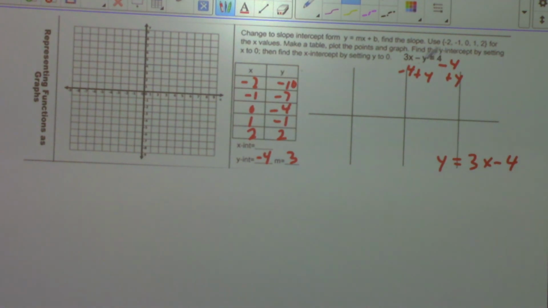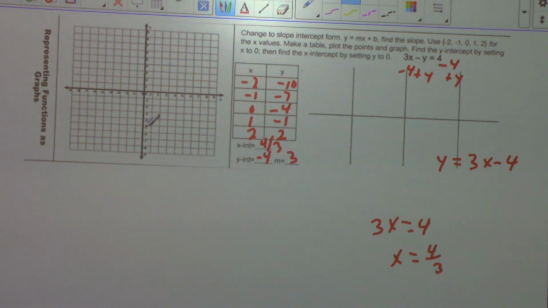So how do we find our x-intercept? The x-intercept is where y is equal to 0, right? So 3x equals 4, so x equals 4/3, and then we graph it here.